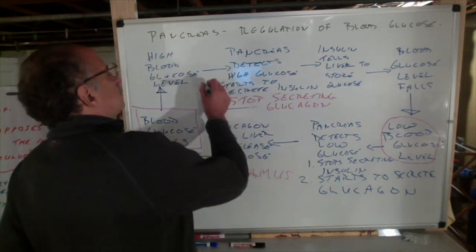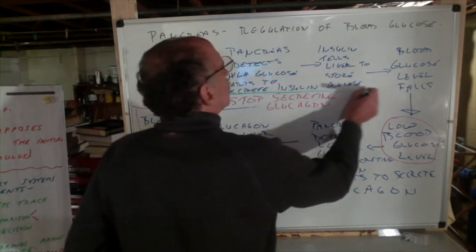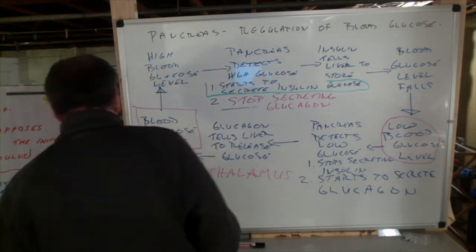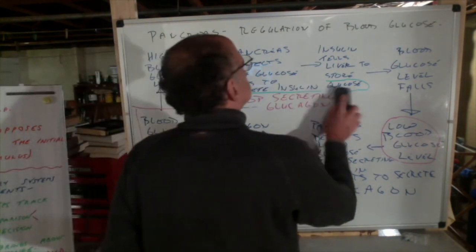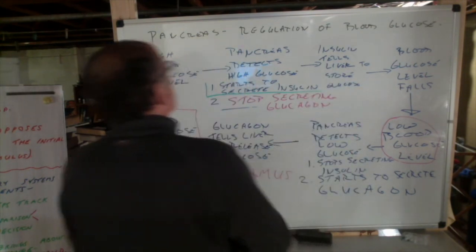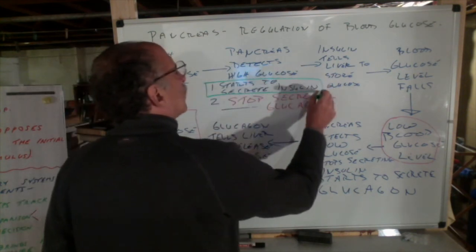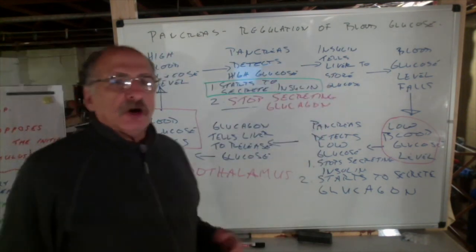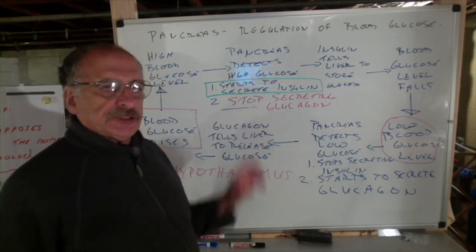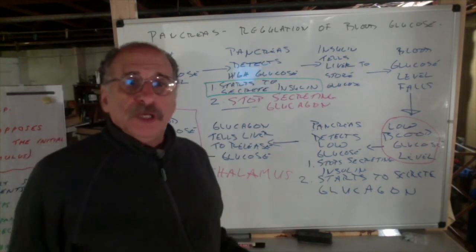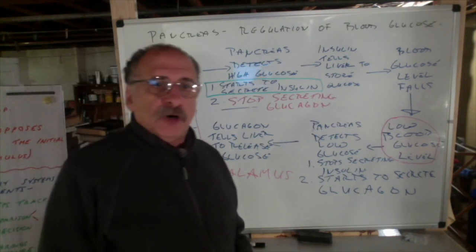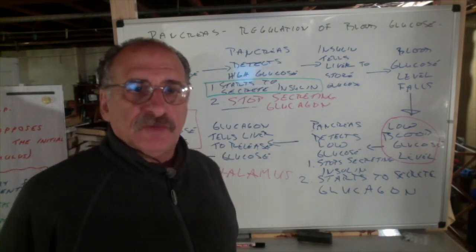So if I say starting to secrete insulin, if I say starting the secretion of insulin, if I call that the initial condition, it's still going to be a negative feedback loop. Now, turn the video off in a moment and think about this and see if you can find the answer on your own.